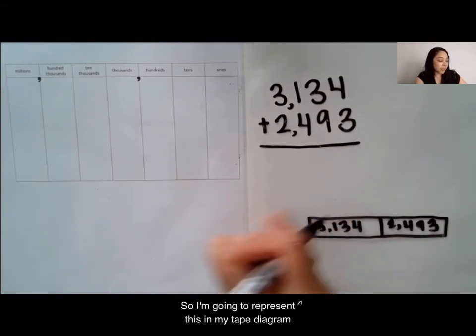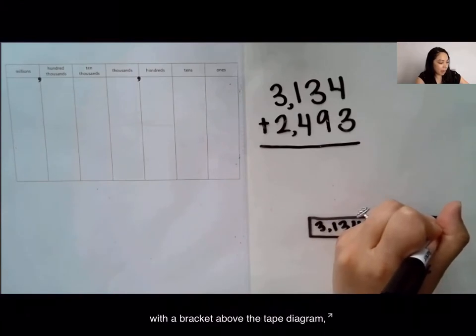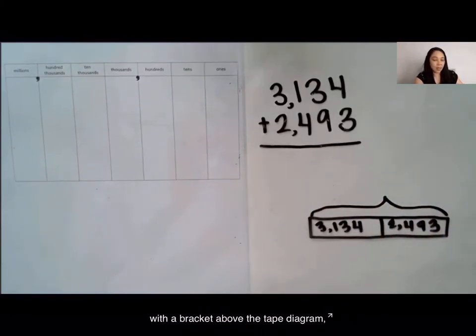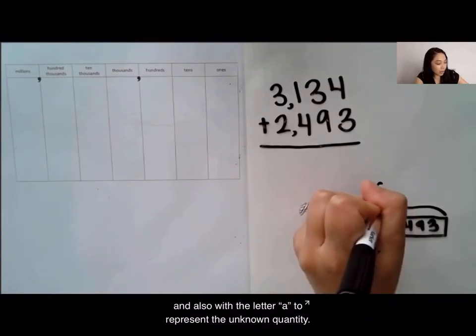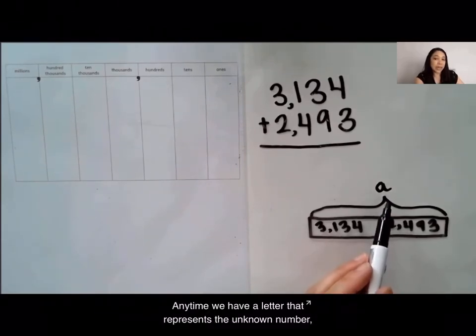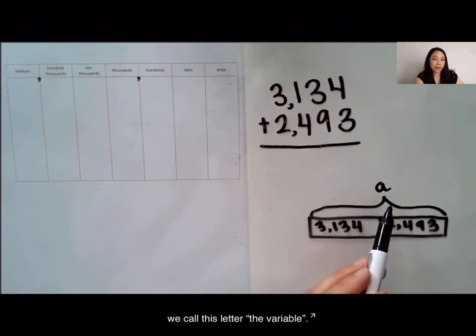So I'm going to represent this in my tape diagram with a bracket above the tape diagram, and also with the letter A to represent the unknown quantity. Anytime we have a letter that represents the unknown number, we call this letter the variable.